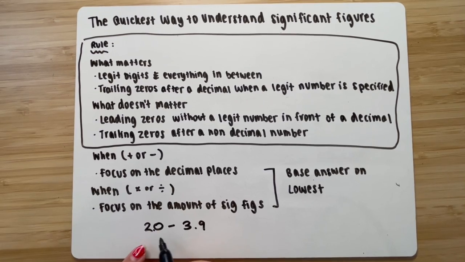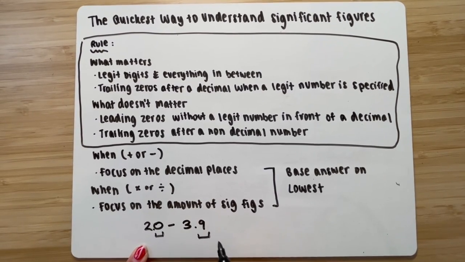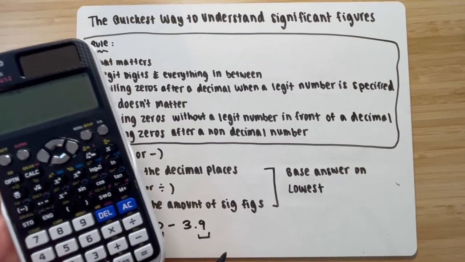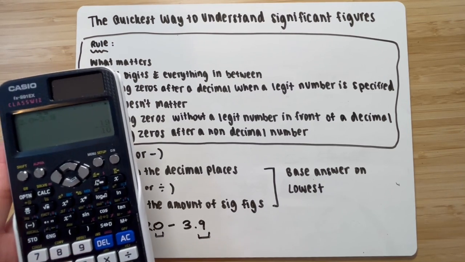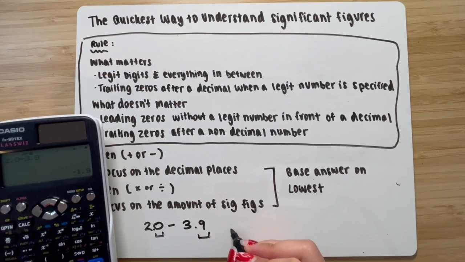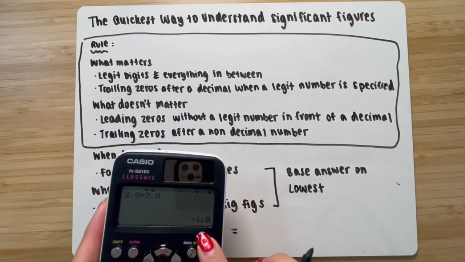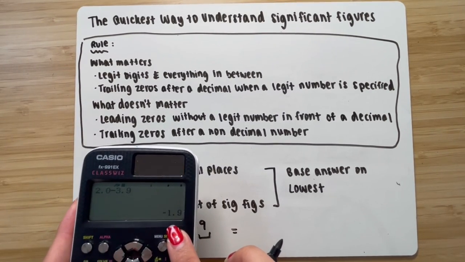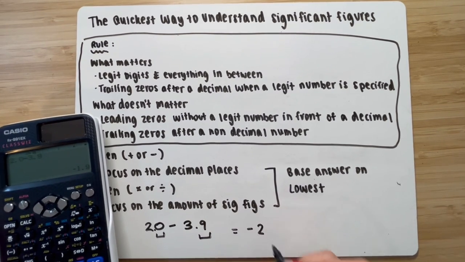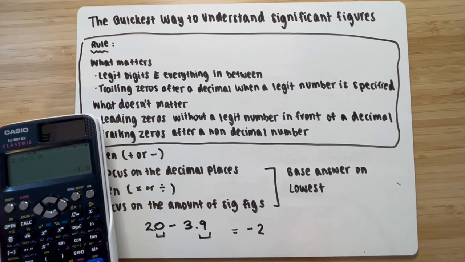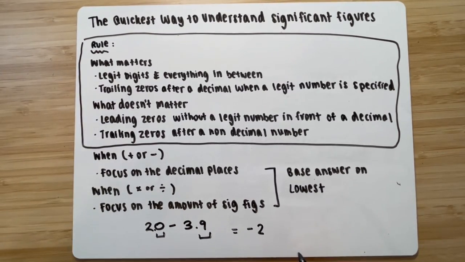You just pick the answer with the lowest, and in this case both have the same amount, so your answer will end with the same amount of decimal places, which in this case is 1. Therefore, your answer will be, well, it's negative 1.9, but we're going to round it up. So it'll be -2.